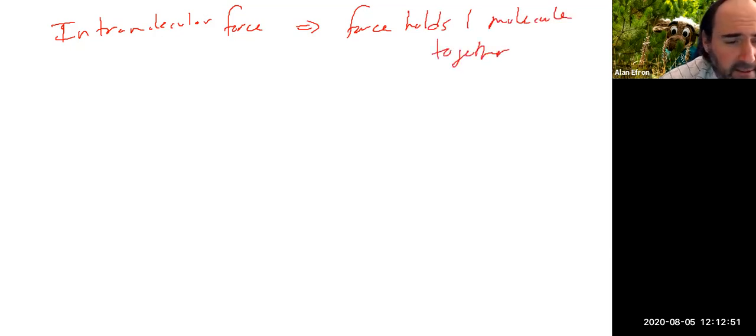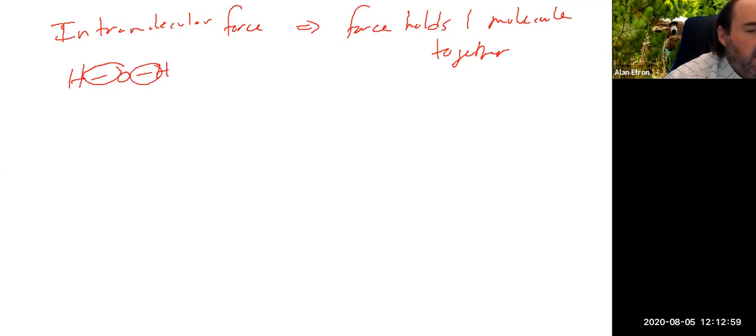So for example, as we talked about, if you took just one individual water molecule, it is the covalent bond between the hydrogen and the oxygen on both sides that holds that together. That would be an intramolecular force within the molecule. So covalent bonding, and ionic bonding too, is intramolecular force. And that's different than intermolecular force.